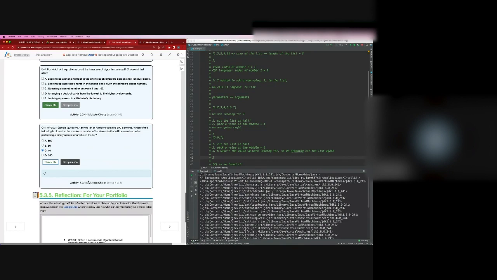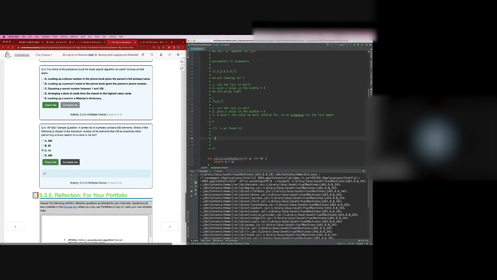Because you would divide the list in half continuously. Let's say 500 divided by 2 gives you 250, and you want to cut the list in half again.